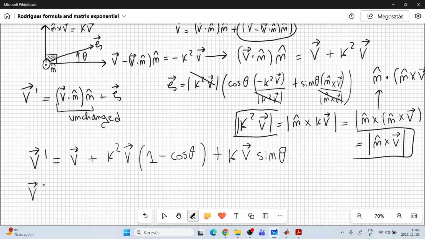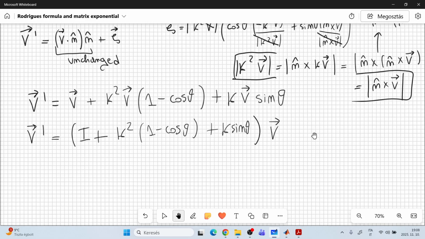All in all, we can rewrite it as v prime equal to the identity matrix multiplying this v, so I will write v in here, plus k squared times 1 minus the cosine of theta, plus k sine theta.